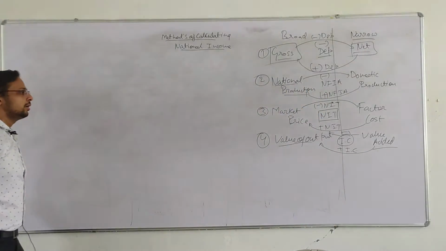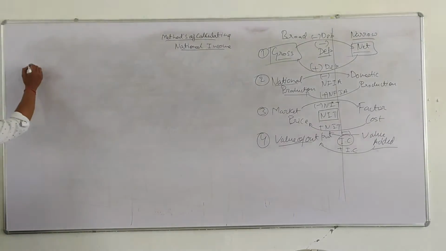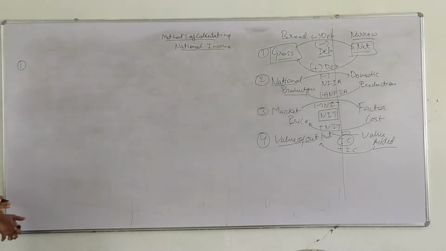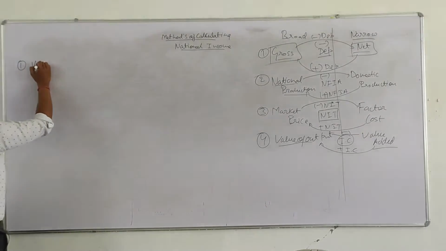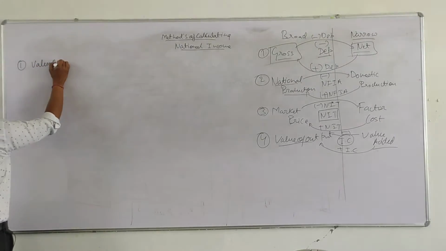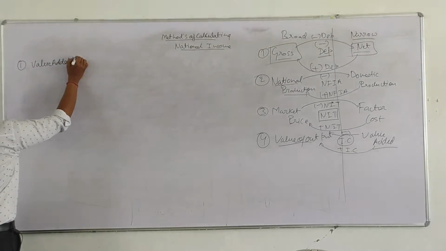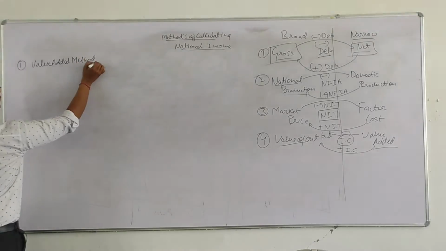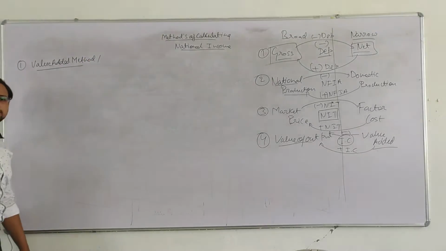Okay, now the first method for calculation of national income that we are going to study today is the value added method, or it is also called the product method.